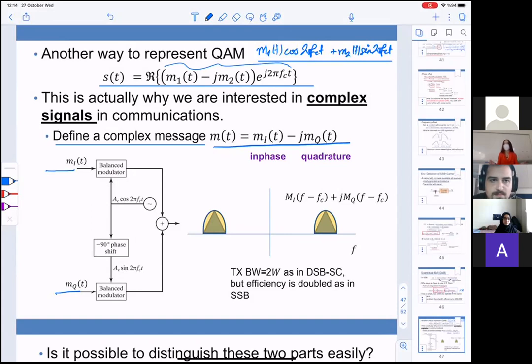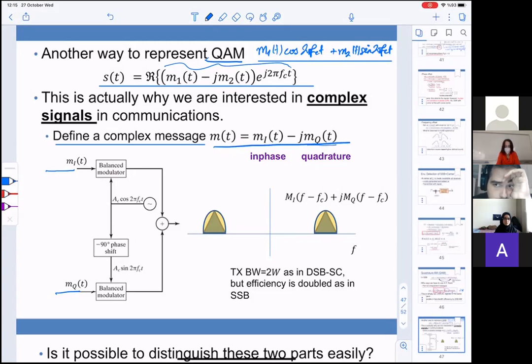You can map it to all kinds of communication, all kinds of modulation schemes. For example, in double sideband, mi of t is non-zero and mq of t is 0. In SSB, mi and mq are Hilbert transform pairs. In general, in QAM, mi and mq are arbitrary signals.